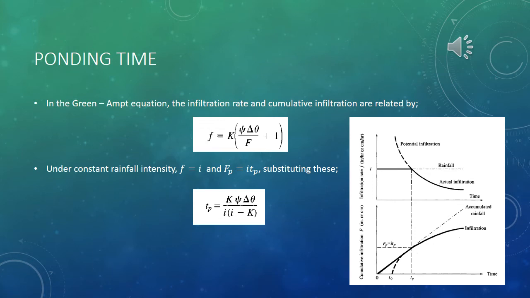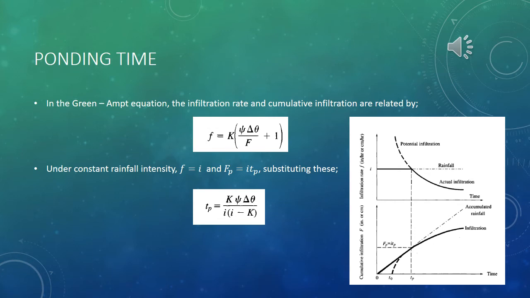In the Green-Ampt equation, the infiltration rate and cumulative infiltration are related by f is equal to K psi delta theta over F plus 1, right? Under constant rainfall intensity, f is equal to i. We are saying the ponding infiltration is i times tp.